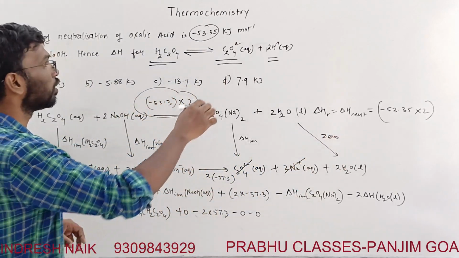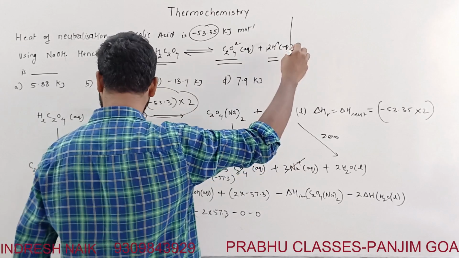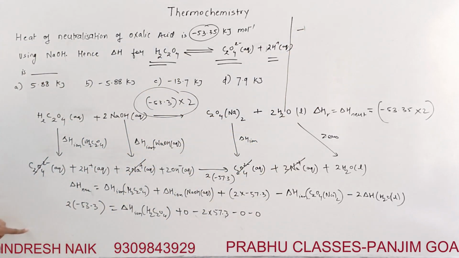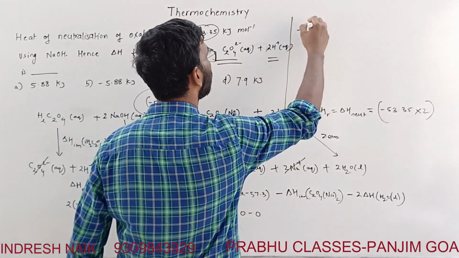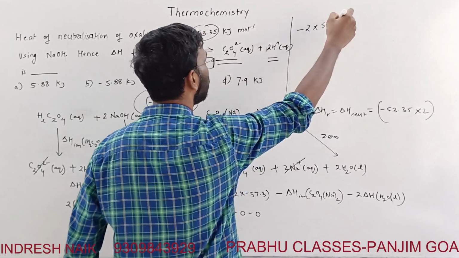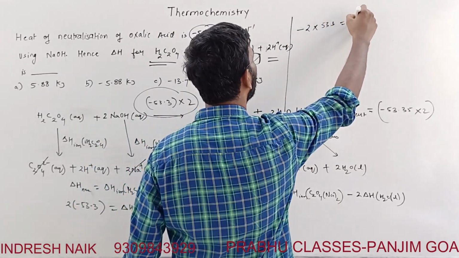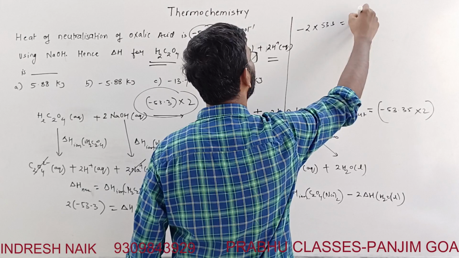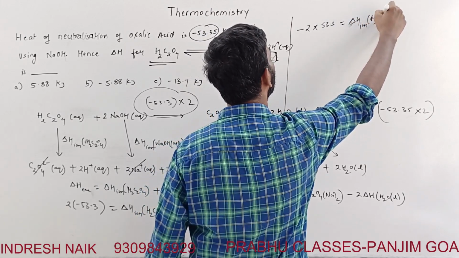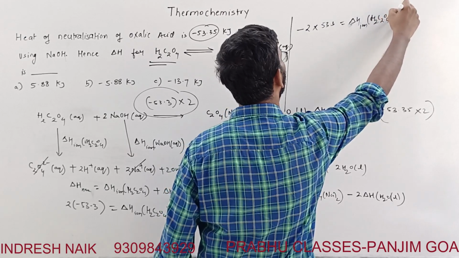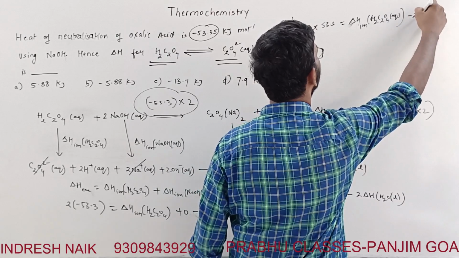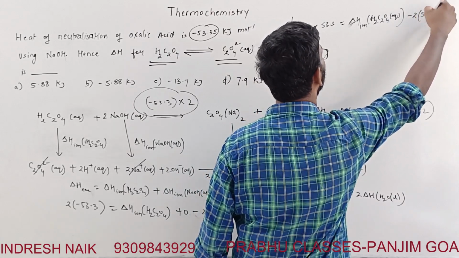So we got all these things. So 2 into 53.3 is equal to delta H ionization of H2C2O4 aqueous minus 2 into 57.3.